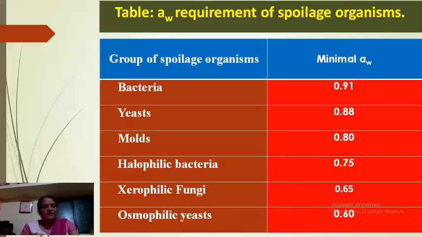So naturally they will also be able to grow at lower AW. And osmophilic organisms means the organisms that love high osmotic pressure for their growth. And when osmotic pressure is high, that means water activity is less, available water is less. They can tolerate and grow at lesser AW.